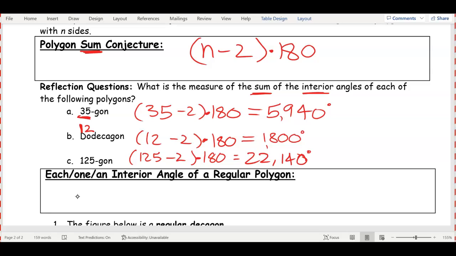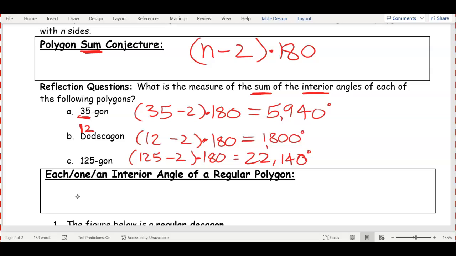Okay. Now, if they ask you not for the sum, but for each interior, or one interior, or an interior, this means not all of them, but one, right? If they ask you for that, it's a little bit different.